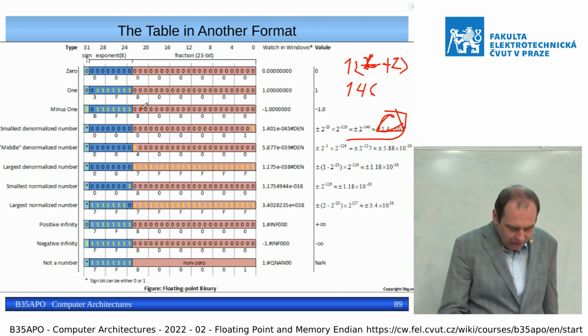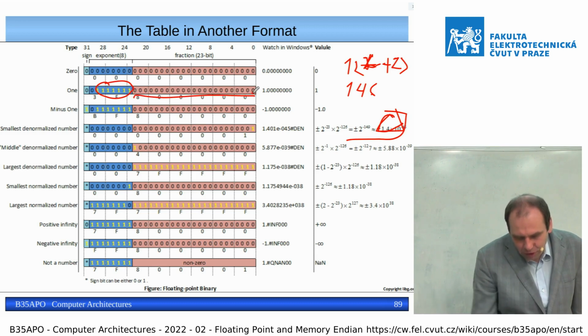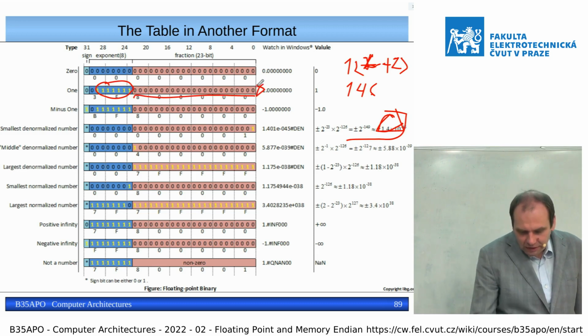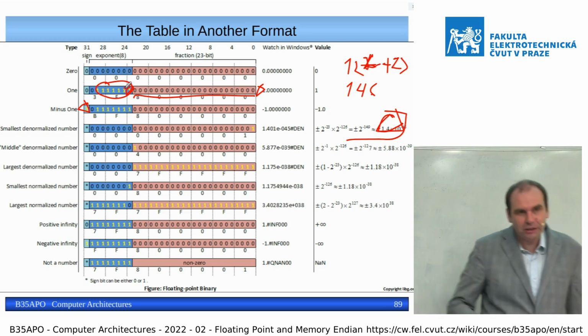So basically 1, for example, is 127 in the exponent, and in the mantissa all zeros, because that hidden 1 is there. So basically this is 1 multiplied by 2 to the power of the exponent 127, which represents the 1. 1 half is not there, minus 1 is there. 1 half would be exactly if we decrement the exponent by 1.